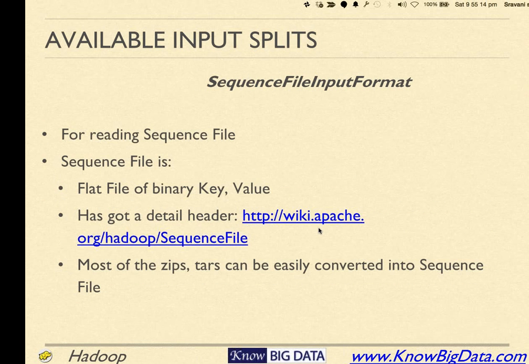Now there is another interesting file format called the sequence file format. Sequence file format is great for reading sequence files. What is a sequence file? A sequence file is generally used to represent lots of binary formats. Interestingly, most of the binary formats have a similar behavior and are in the form of a sequence file. What does a sequence file look like? A sequence file is a flat file of binary key, value pairs, and each file has a detailed header.